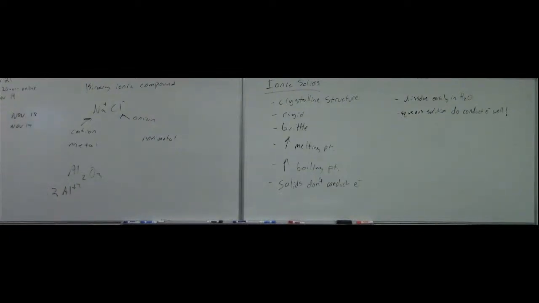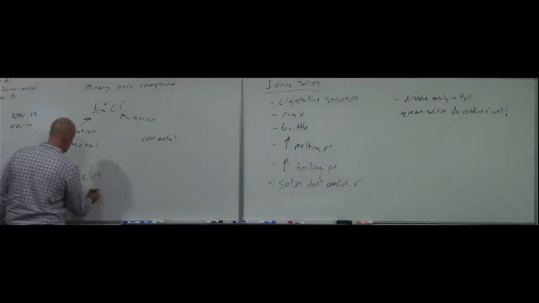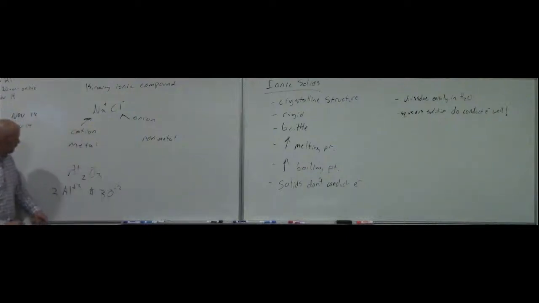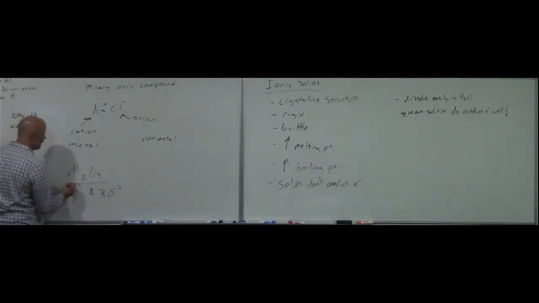Oxygen, what charge is it going to tend to take? Negative 2. My total charge here is plus 6, and my total charge here is negative 6. Those charges balance, right? So whenever I see this kind of formula for an ionic compound, I should expect to see my charges balanced.